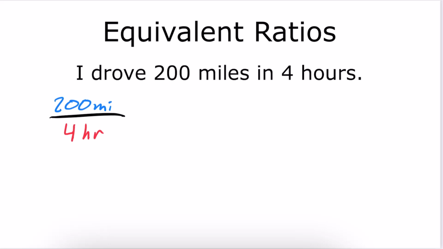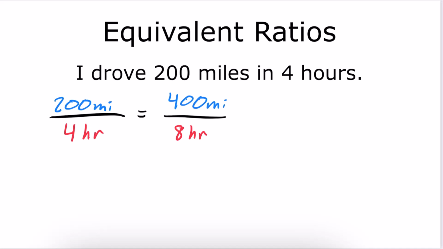An equivalent ratio is a ratio or a rate that describes the same multiplicative relationship, but you may have different numbers. If I drove 200 miles in 4 hours, an equivalent ratio would be driving 400 miles in 8 hours, because the multiplicative relationship between these two numbers is still the same.